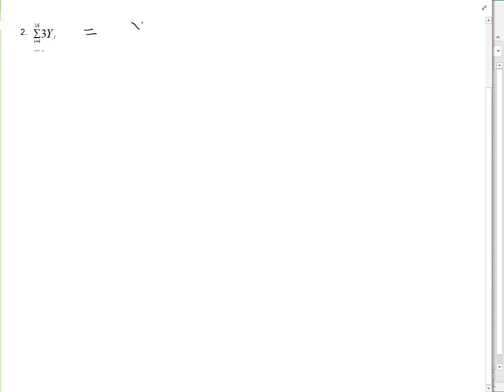So we want y4 plus y5, and then plus all the way up to y16.